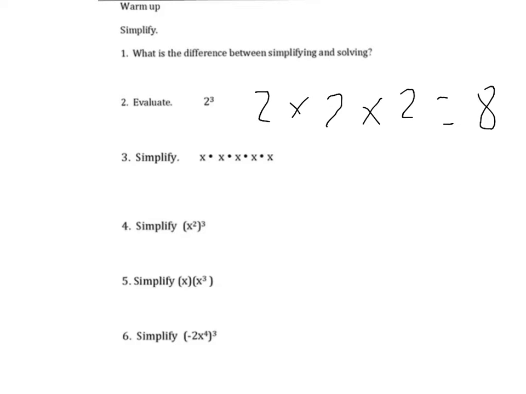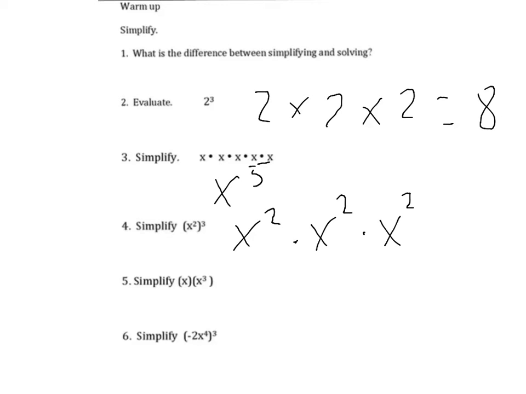The third one's already expanded out. How many x's are being multiplied? You have 5 x's being multiplied, so that's x to the 5th power, because exponents mean how many repeated multiplications of the same expression. For x squared to the third power, you expand that: x squared times x squared times x squared.